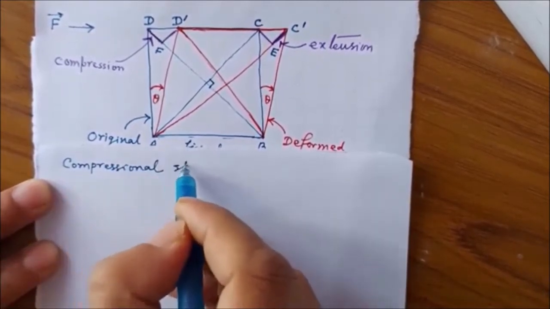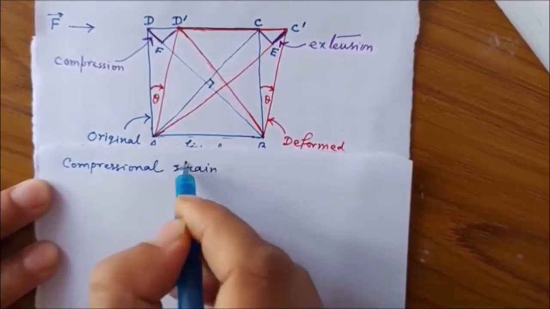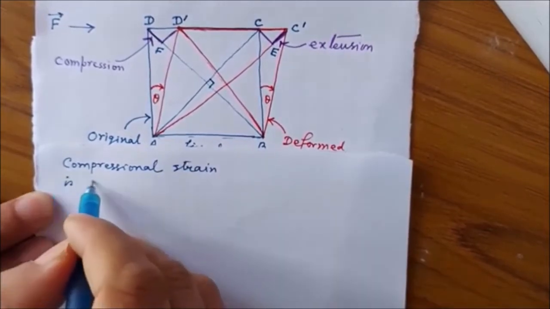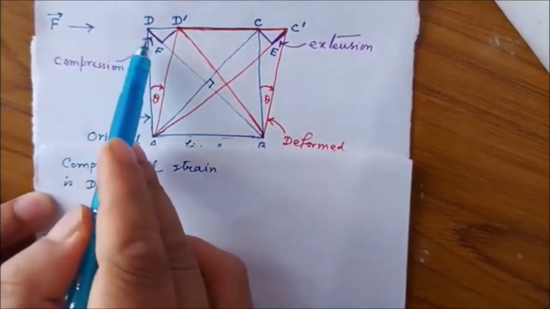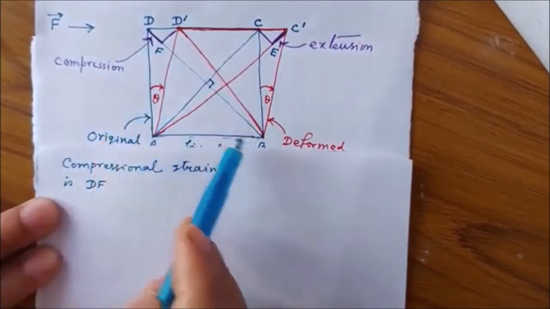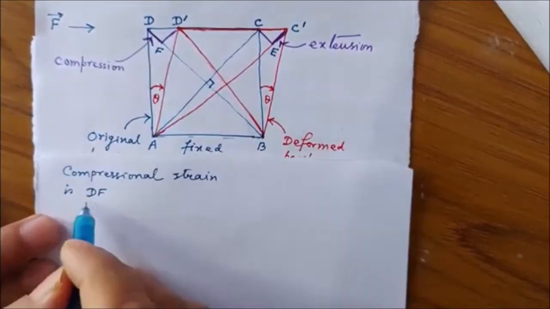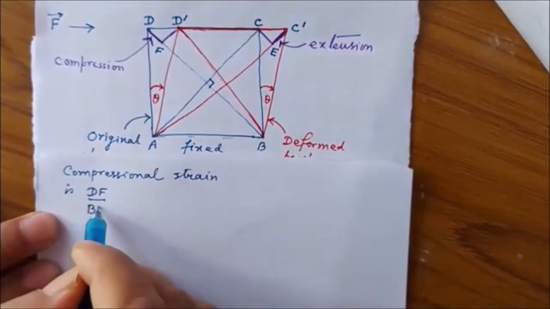The compressional strain is dF, the compression or amount of contraction, and the original length is BD. So it is dF by BD.